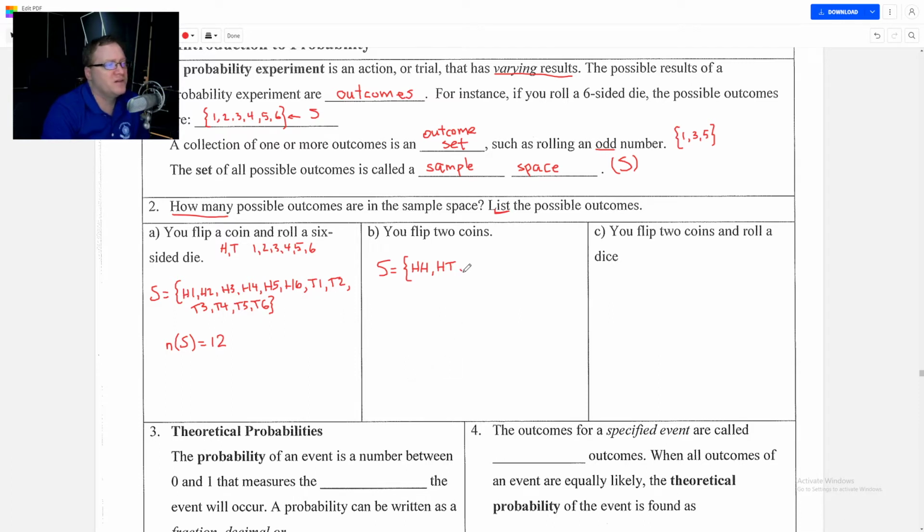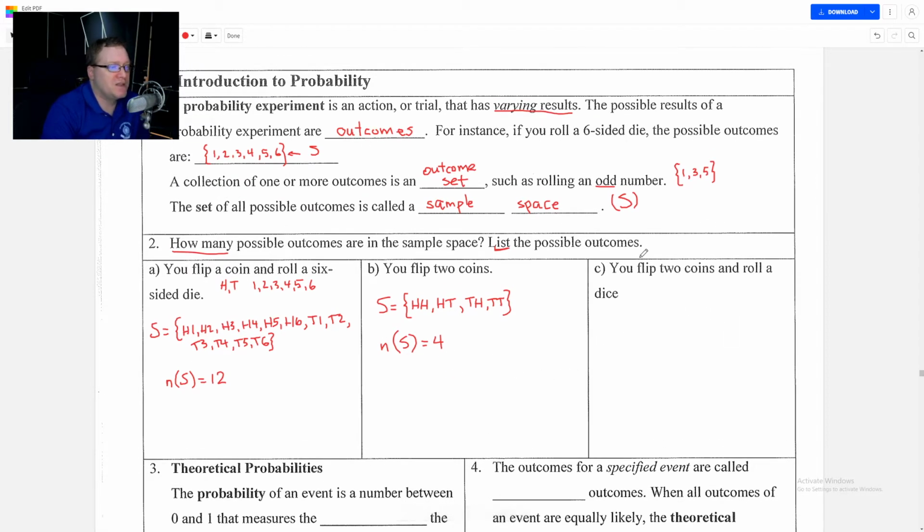Or maybe we could get tails and heads. Or maybe we get tails, tails. So these are the 4 different possible outcomes. So the size of our sample space equals 4.